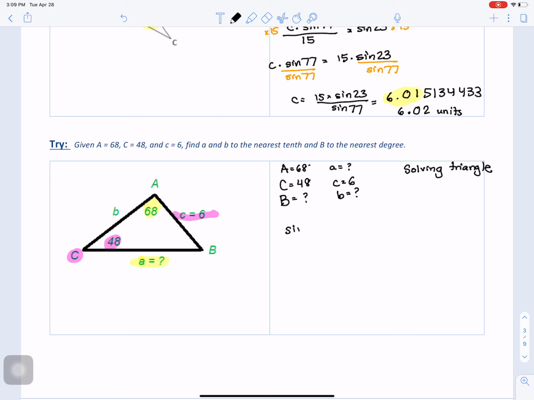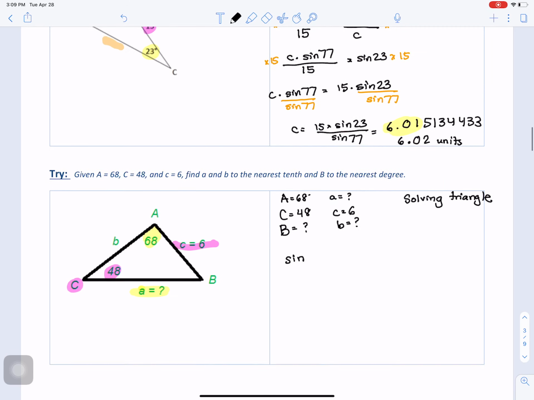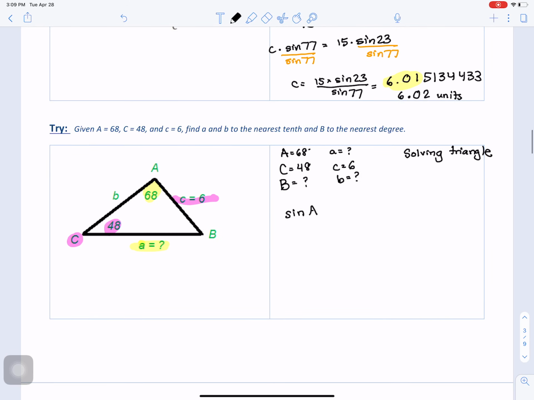So sine of capital A over lowercase a equals sine c over little c. Let's sub in our values. Sine of 68 over little a, which we don't know, equals sine of 48, which is my c value, divided by my lowercase c, which is 6.